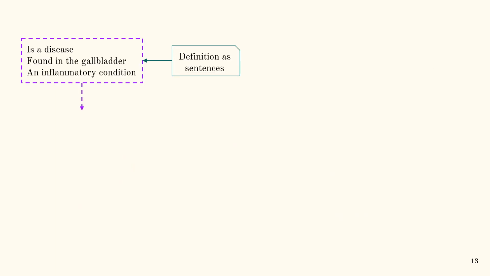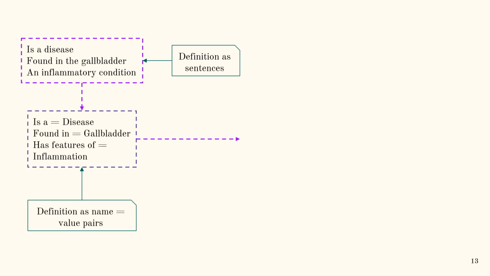So we have the three sentences, the definition has three sentences. This is then converted into name-value pairs. So we can say, this is linguistics of course, but is A equal to disease, found in gallbladder, has features of inflammation. We are still working only with English. We have not gone to anything else.